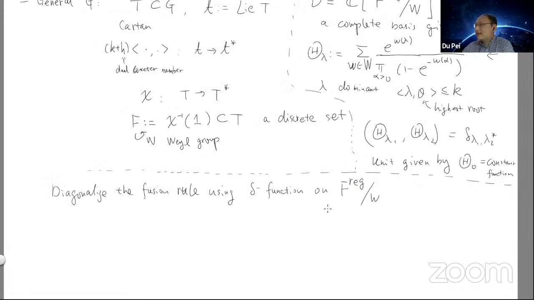And the change of basis from this character basis to the delta function basis is given by a matrix with matrix elements given by the evaluation of theta on f nu, where f nu are elements inside this finite set.